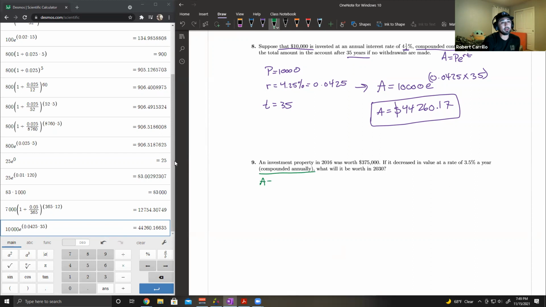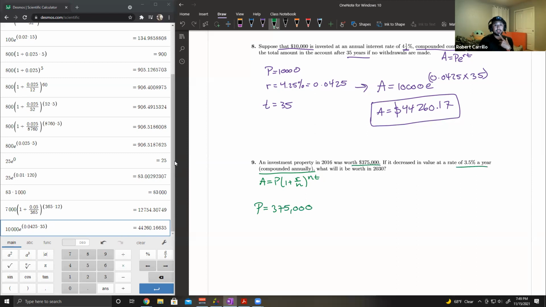That means we use the compound interest formula. Okay. And the investment property was worth $375,000. So that's our initial amount. $375,000.